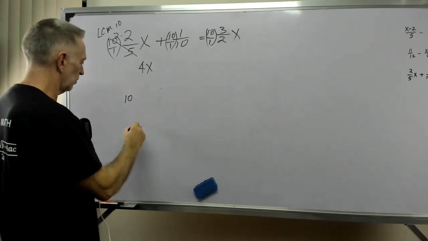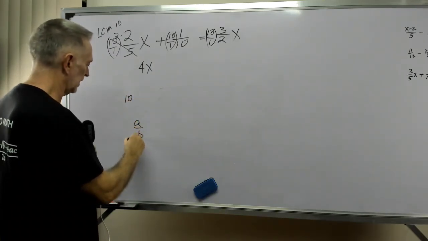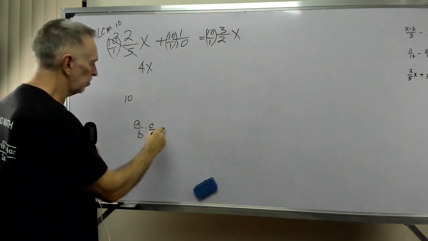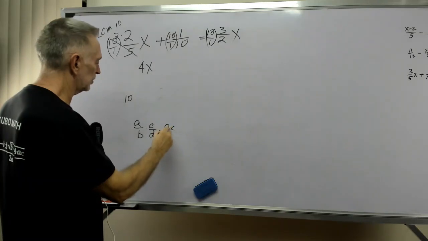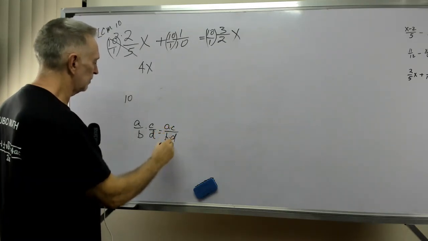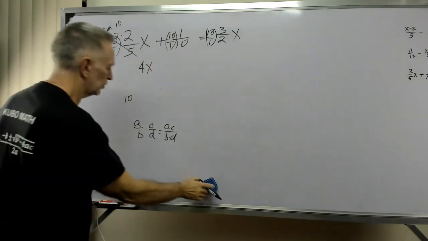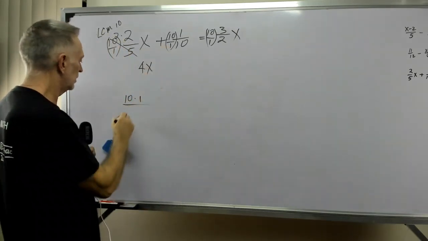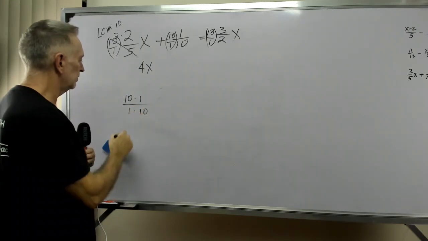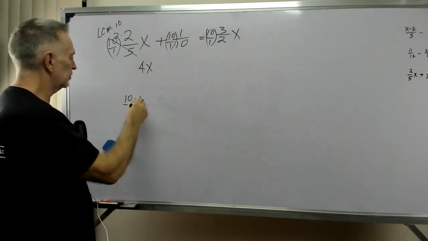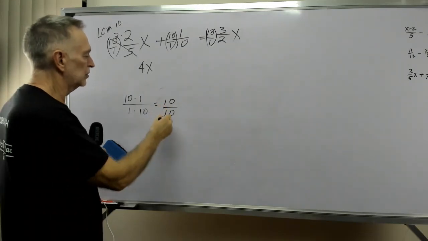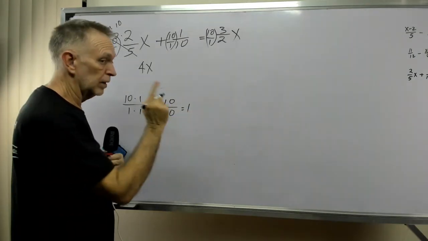You know, when you work with fractions, you have a over b times c over d. That's, you multiply the numerator, that's a times c divided by b times d. Well, it's the same situation here. I have 10 times 1 divided by 1 times 10. Well, what's 10 times 1? It's 10. 1 times 10 is 10. What's 10 divided by 10? 1.